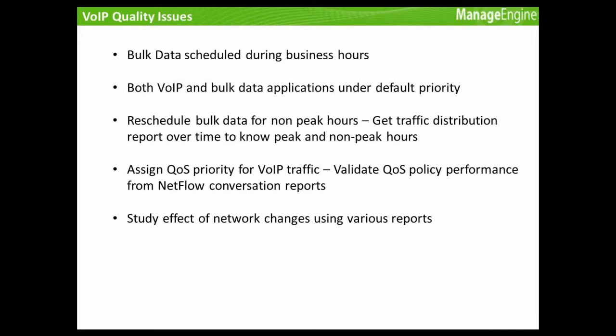Bulk data is all these backups and all this stuff. So it was scheduled for business hours, and because of which both of them had to fight, just like we saw earlier. And so using bandwidth reports, he got reports about when the non-peak usage was, and he shifted or rescheduled the bulk data for that time period and assigned the QoS priority for voice traffic.